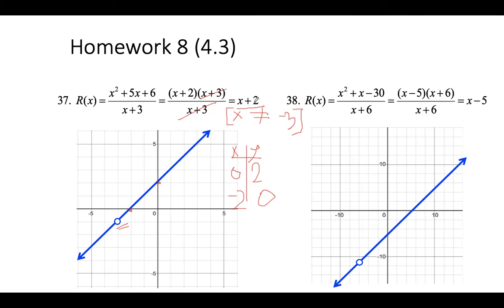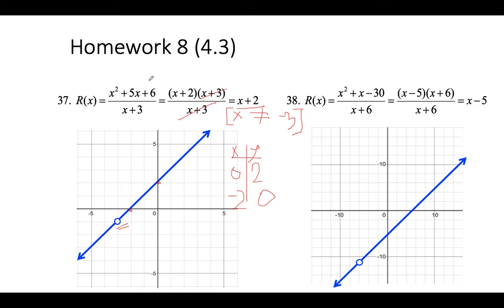What is the x-intercept? What is the y-intercept? If we put y equal to 0, we get the x-intercept. If I put 0 on this side, then x equal to minus 2 comes, which is this. This is the x-intercept.